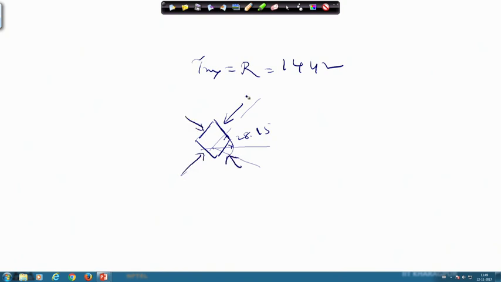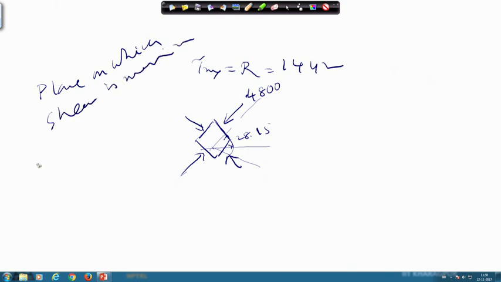So, this stress magnitude was 4800. The normal stress on the plane on which shear is maximum will be sigma x, sigma y, equal to C, equal to 4800.